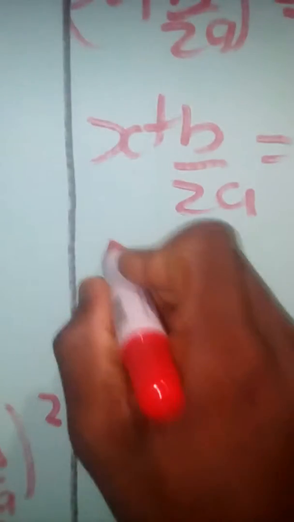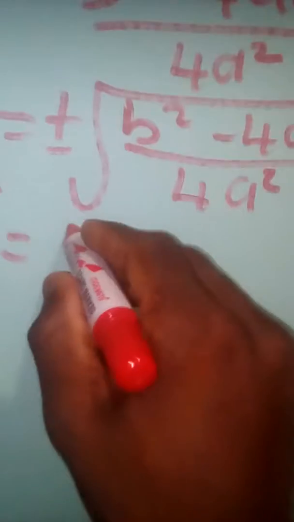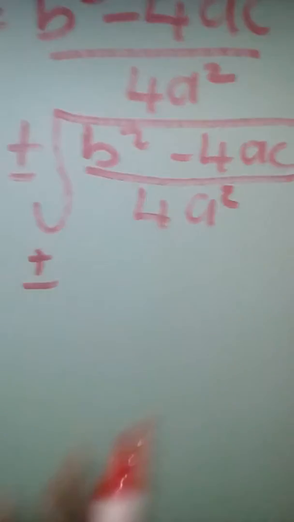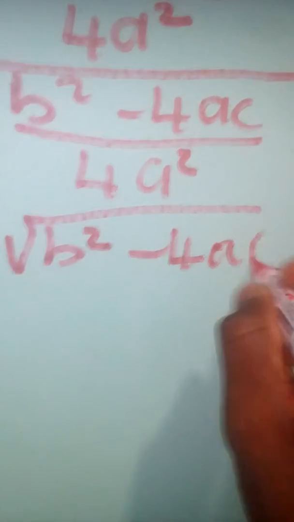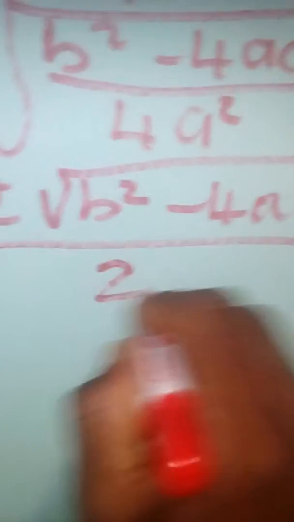So moving on with this, I get x plus b over 2a equal to plus or minus, I can get the square root of this. It's going to be the square root of only the numerator, b squared minus 4ac, not going to be easy to take that. And here gives me 2a, I just took the square root of the denominator, 4a squared, which is 2a.